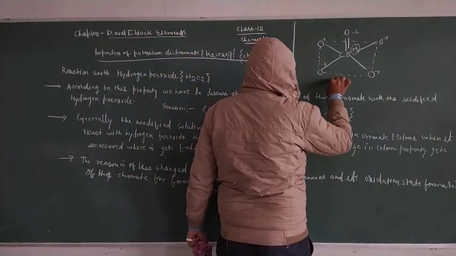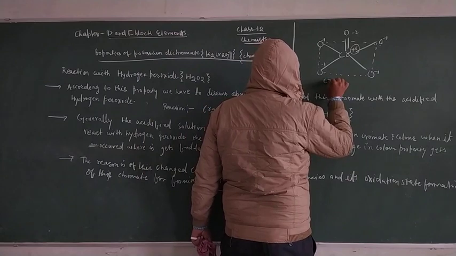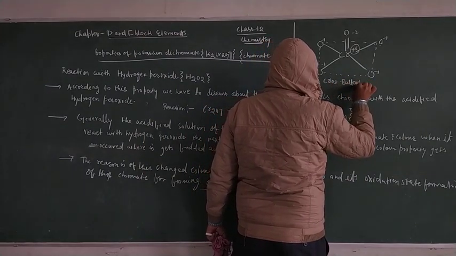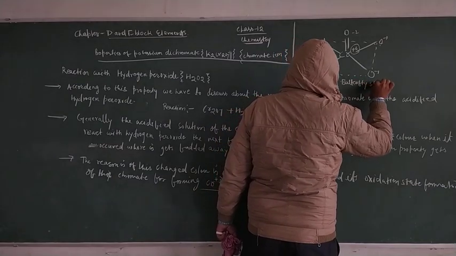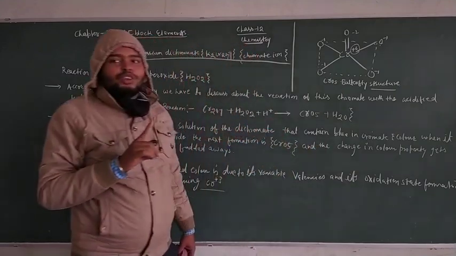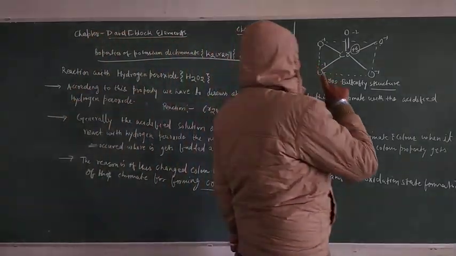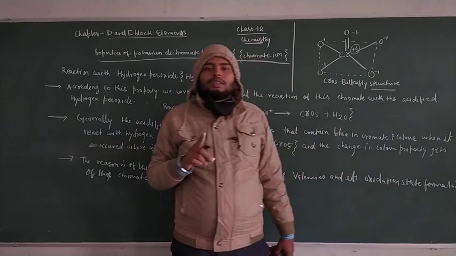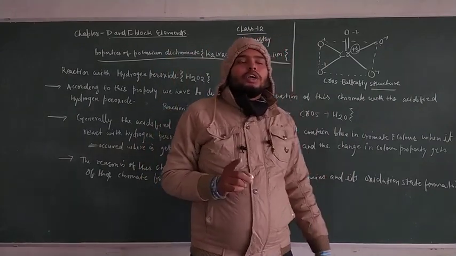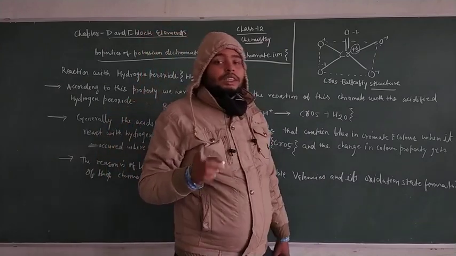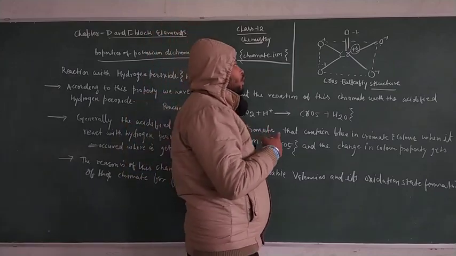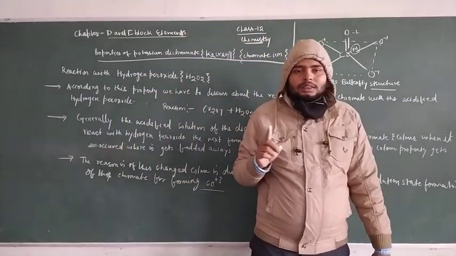This is the CrO5 butterfly structure. This structure is very important for us, because when studying redox reactions and the calculation of oxidation number, this is an exceptional case.